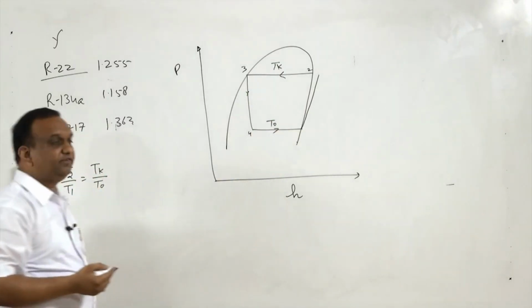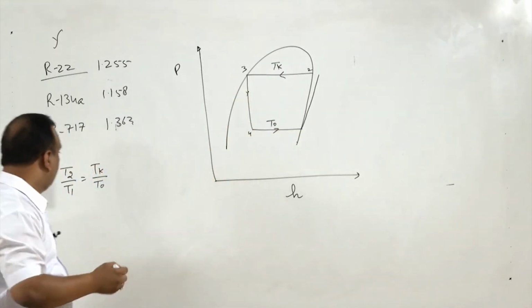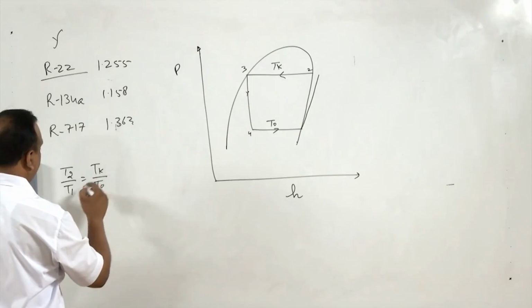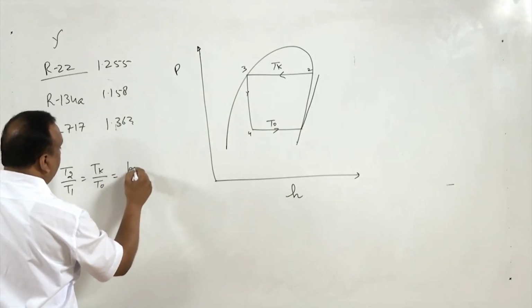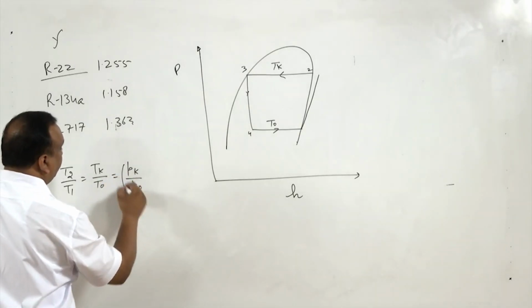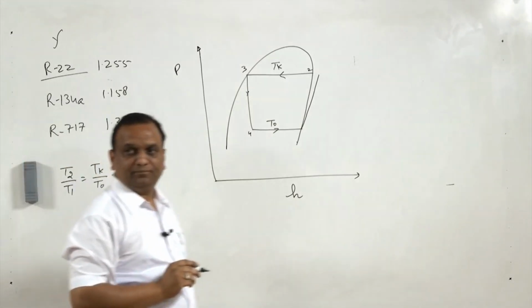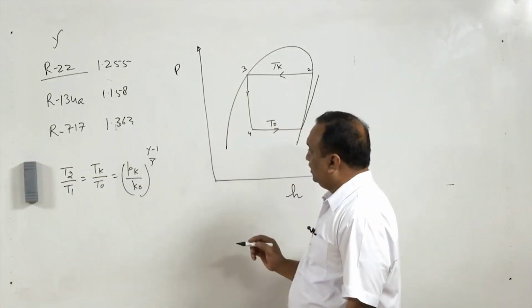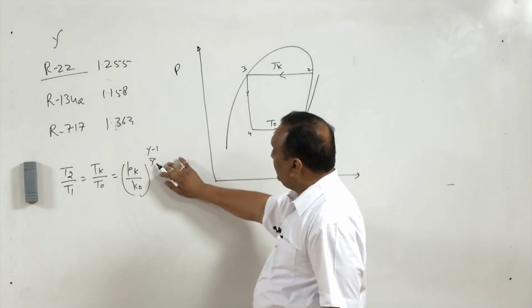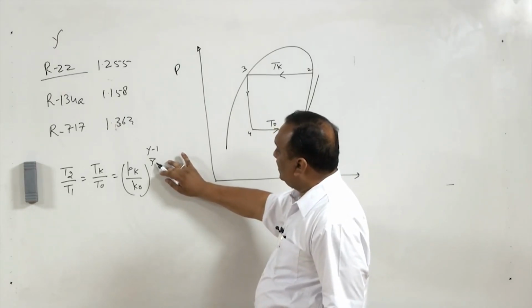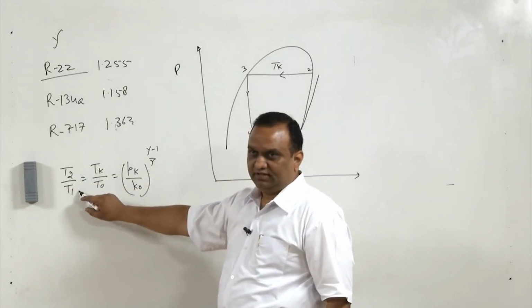In some of the books it is written Th and Tl also. So Tk by To is equal to Pk by Po raised to power gamma minus 1 over gamma. So the moment we increase the value of gamma, this ratio increases.